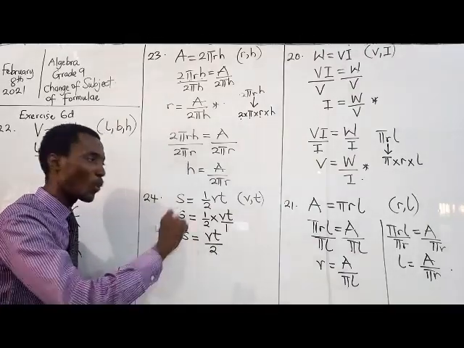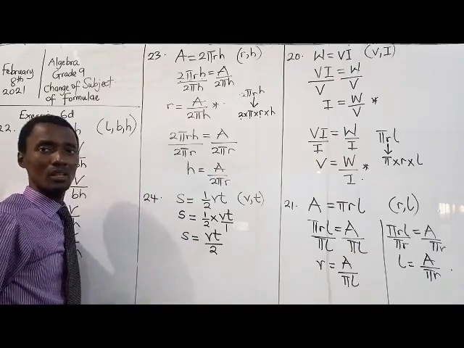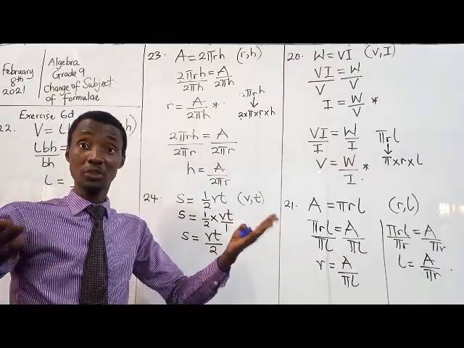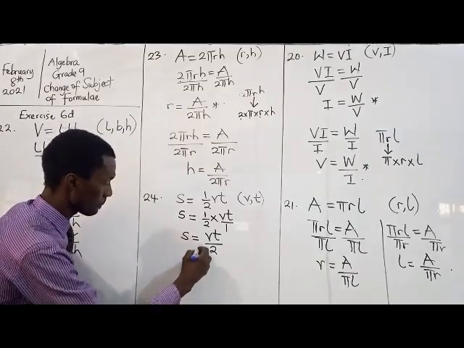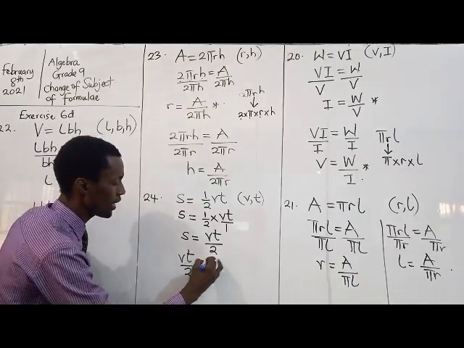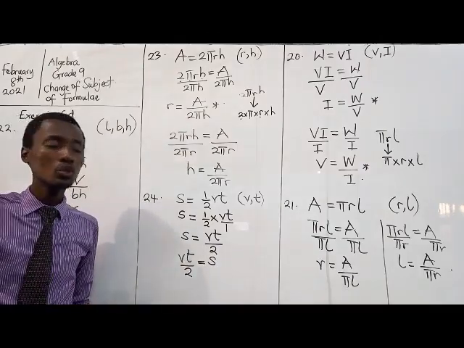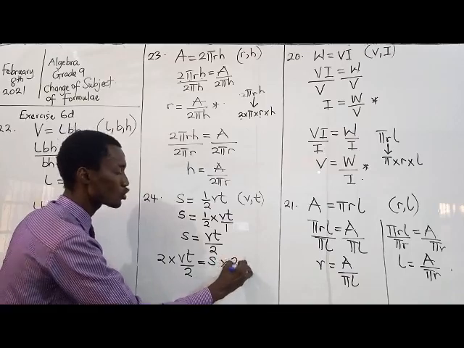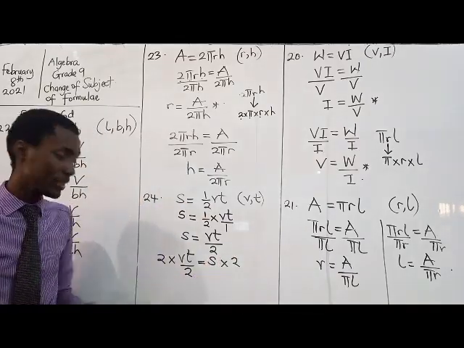At this point, what do you do? Some people may say rewrite. I agree with you. If you do that, you are correct. So that will be Vt over 2 equal to S. What do you do next? You multiply both sides by 2. Why are you doing that?